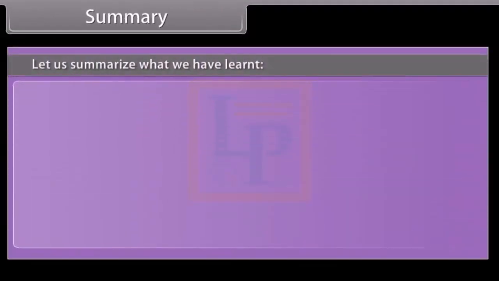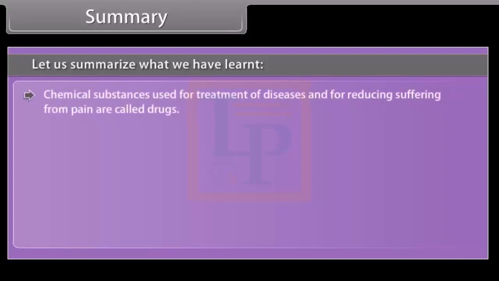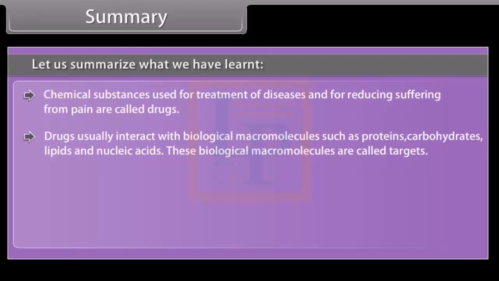Summary. Let us summarize what we have learnt. Chemical substances used for treatment of diseases and for reducing suffering from pain are called drugs. Drugs usually interact with biological macromolecules such as proteins, carbohydrates, lipids, and nucleic acids.